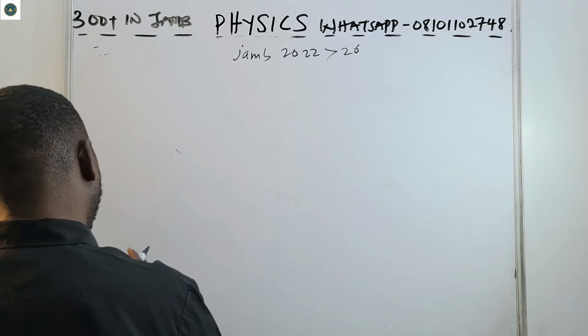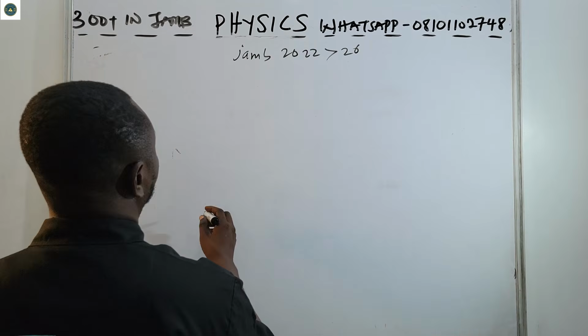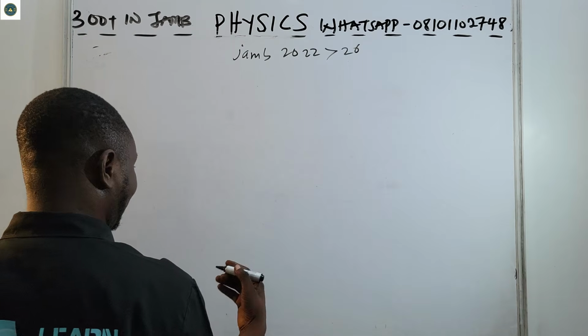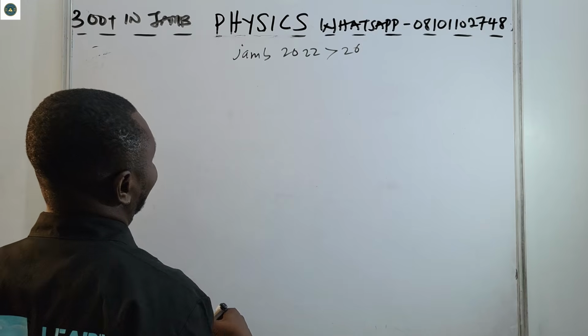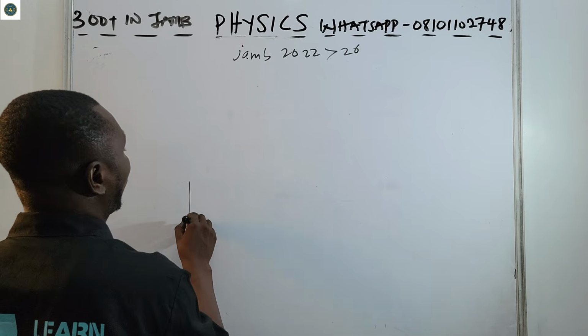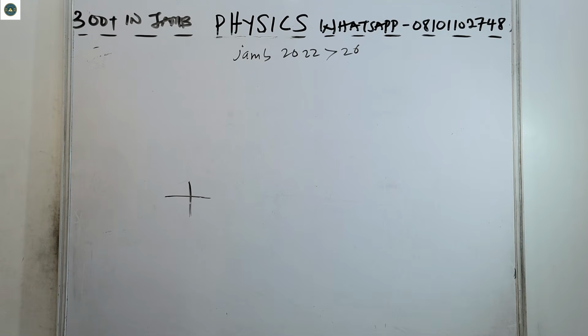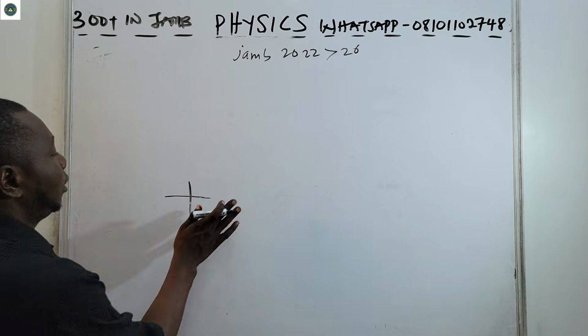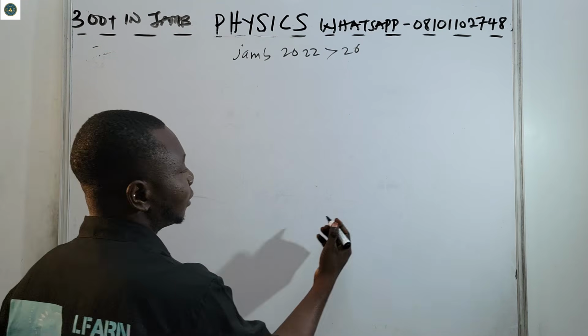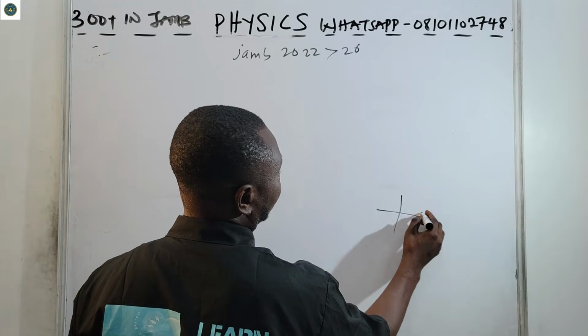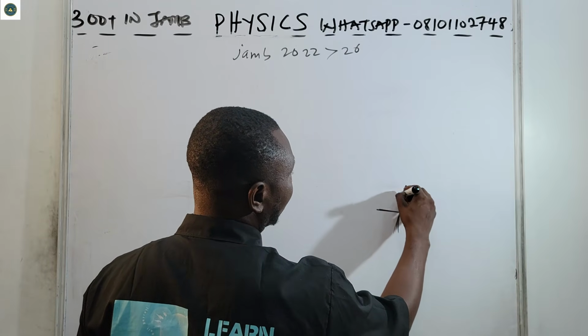So we have a man walks 40 meters due west. So before the man starts, he must have been at a particular point. So let's say this is the man. The man walks 40 meters due west. So let's say here is north.